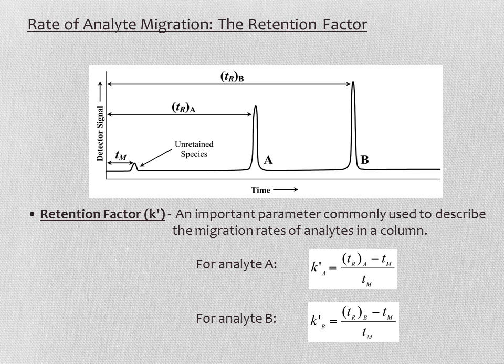This is really handy because we often will change columns or change something about our setup, and I want to compare my results on my HPLC to your results on your HPLC. In that case, I really need to have an ability to scale the factors, and that's what the retention factor is all about. If you have a little bit longer column than I do, your mobile phase time, your dead time, will be bigger as well, and so things will scale based off of that.